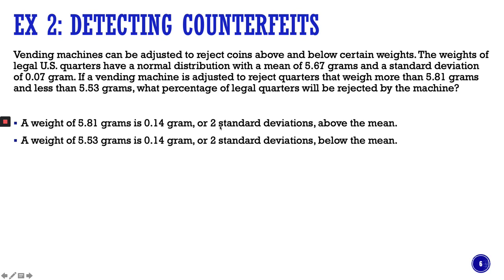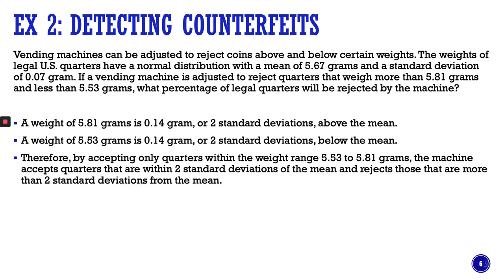The weight of 5.53 grams is 0.14 grams, or 2 standard deviations below the mean. So again, if we take 5.67, subtract out 5.53, we end up with 0.14. Divided by 0.07, we get 2.